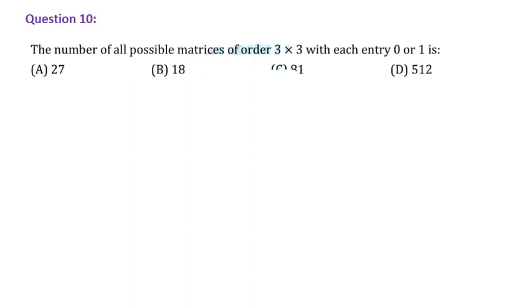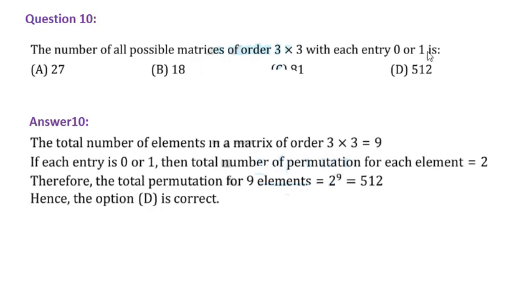If we remember the permutation and combination which we have studied in 11th standard, we can say that there are total 2 power 9 ways of forming the matrices. So 2 power 9, if we calculate, we will get 512. So the total possible number of matrices is 512.